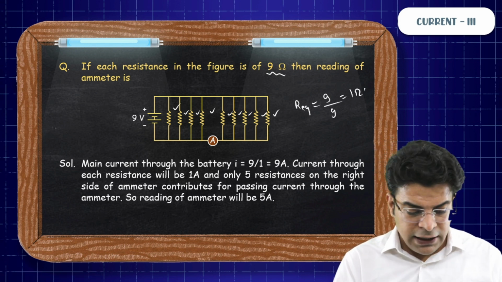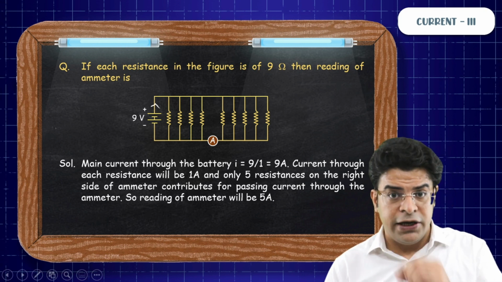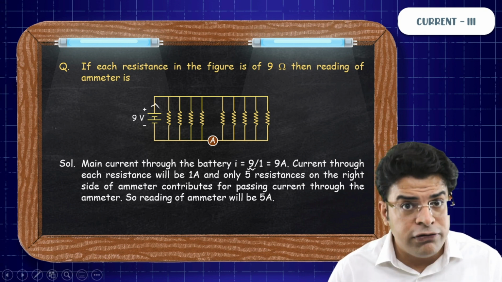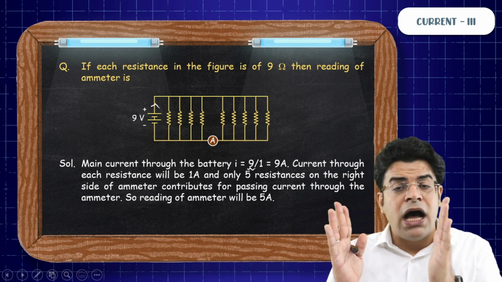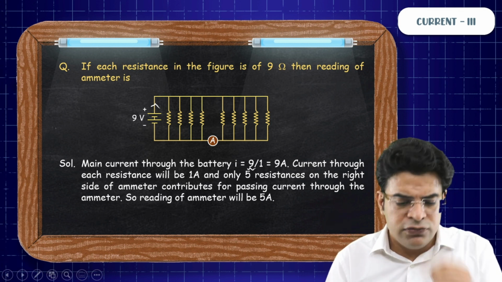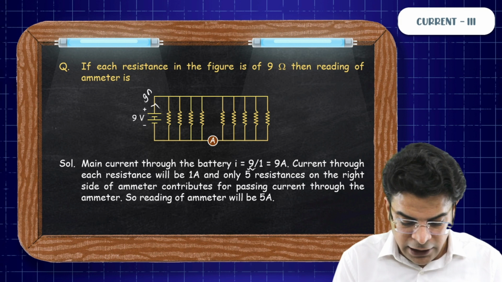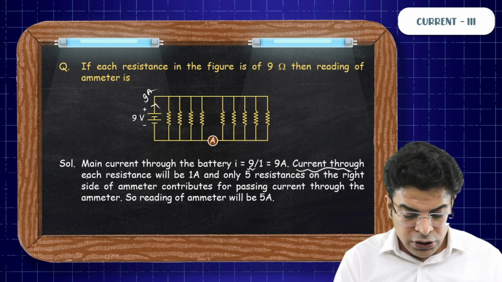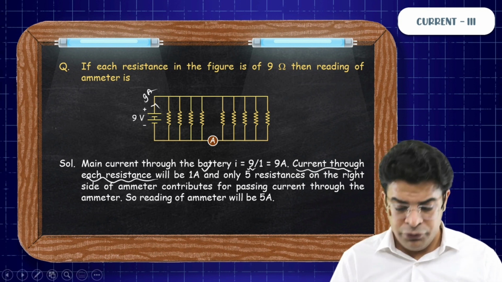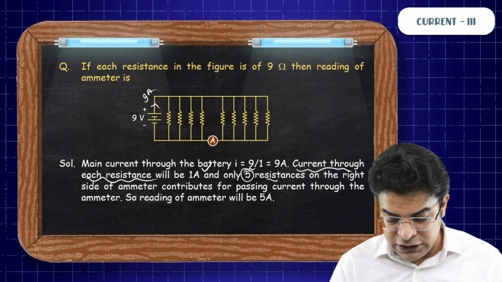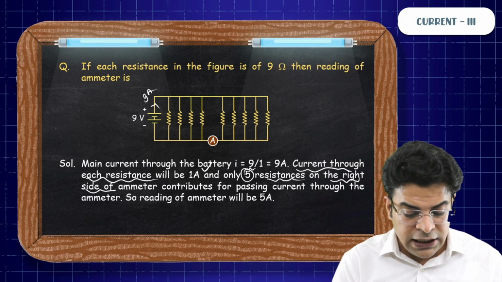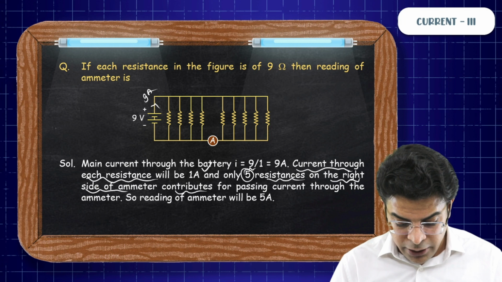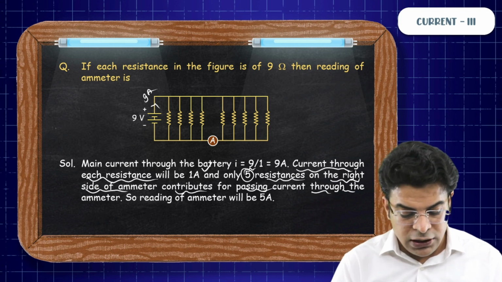So the main current coming out from the battery has to be the potential of the battery, which is 9 volt, divided by the R equivalent of this whole circuit, which is 1 ohm. So you will get a current of 9 ampere. Current through each resistance will be 1 ampere. And only the 5 resistances on the right side of the ammeter contribute to the current passing through the ammeter.